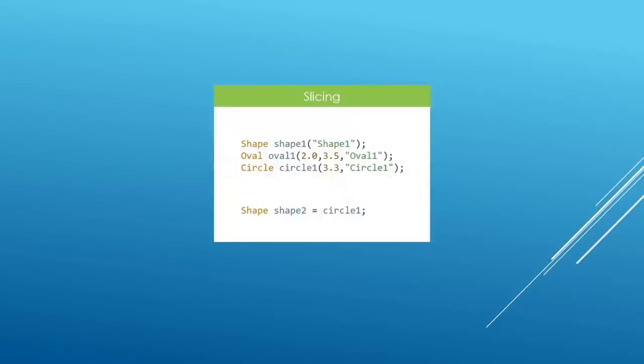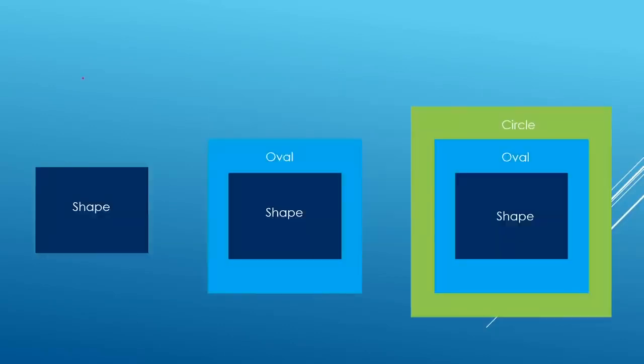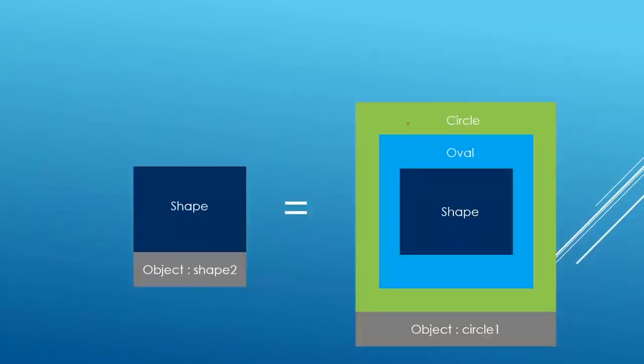Let's visualize this. Our shape class looks like what we have here on the left. Our oval class has a shape part in it, and our circle is going to have an oval part in it, and that oval part is going to have a shape part in it, and this is the setup that we have here. Now, if we do our assignment, we're going to do something like this.